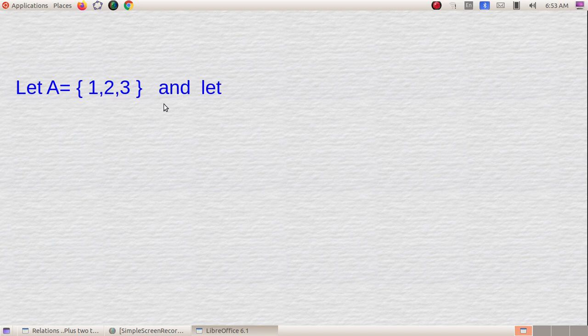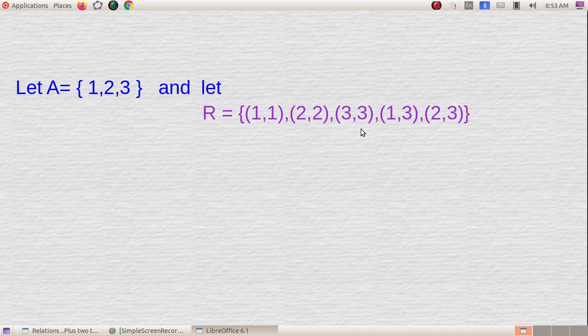Let A equal the set {1, 2, 3} and let R equal the set {(1,1), (2,2), (3,3), (1,3), (2,3)}. R is a relation on A. Why? R is a subset of A cross A. Every element in R has its first component and second component belonging to A. Therefore, R is a relation on A, or R is a relation from A to A.